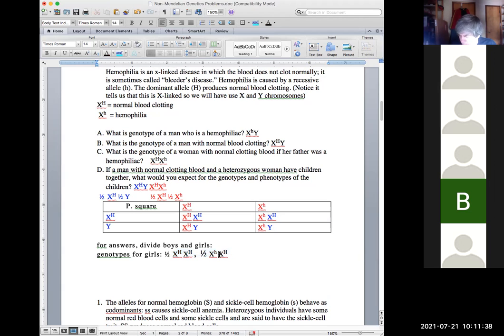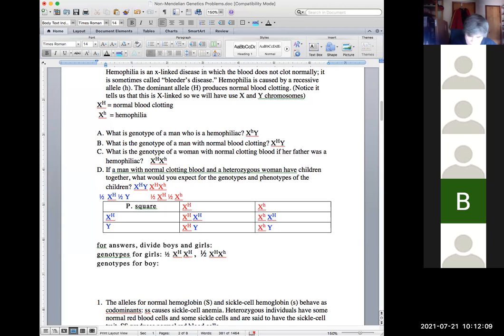Now notice we have to rewrite this one a little bit, because when we have something that's heterozygous, dominant allele and recessive, we always write the dominant one first. So instead of X little h, X big H, I'm going to write that as X big H, X little h. So for the girls, half of them are X big H, X big H. Half of them are X big H, X little h.